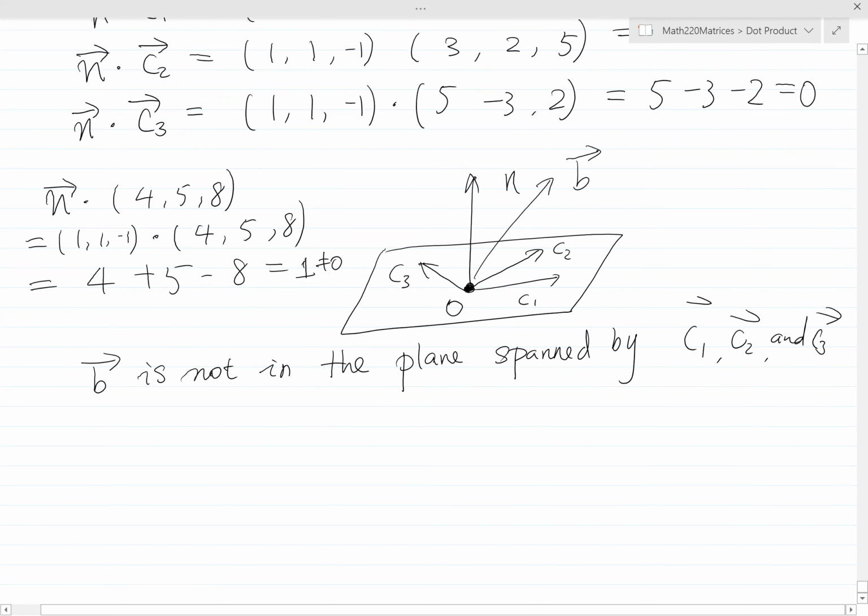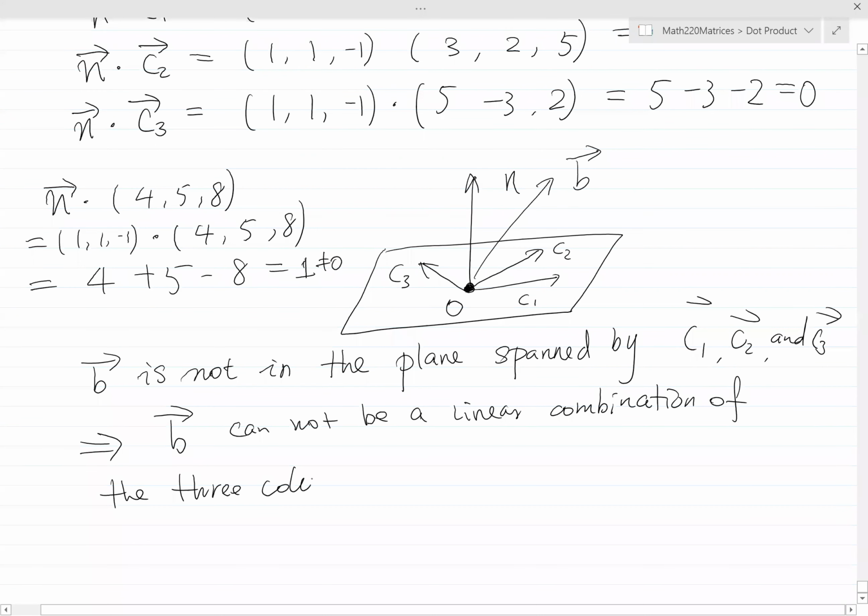So b is not in the plane, so b is not a linear combination, it cannot be a linear combination of the three column vectors C1, C2, C3. Which means no solution. The system has no solution.